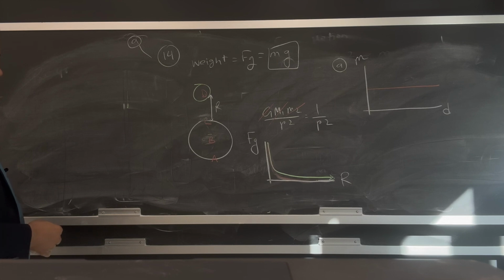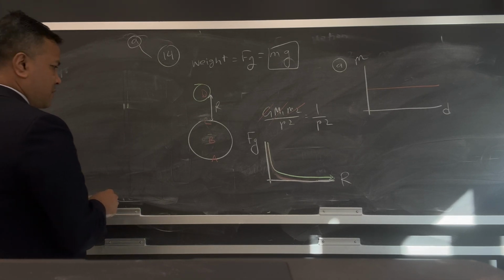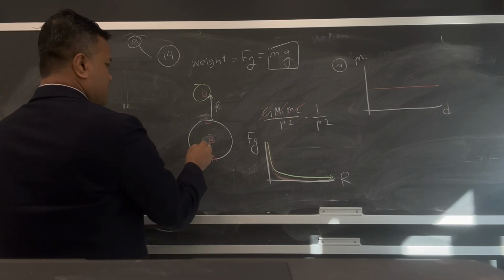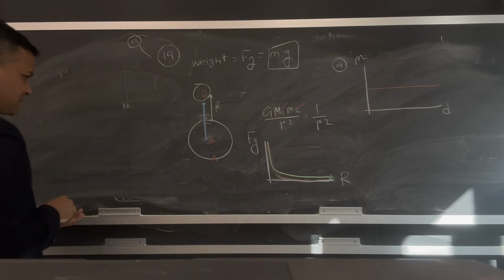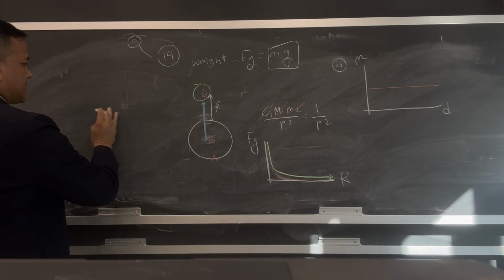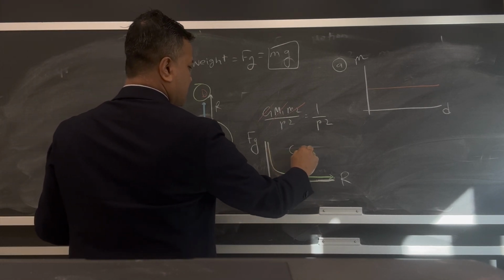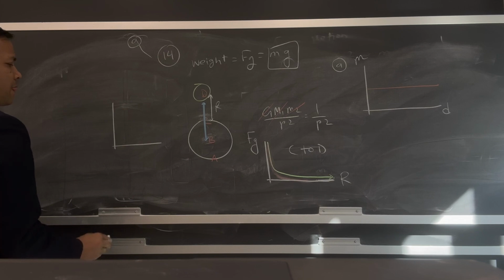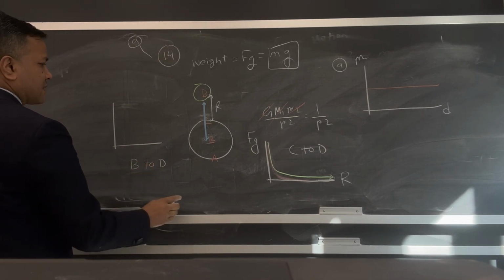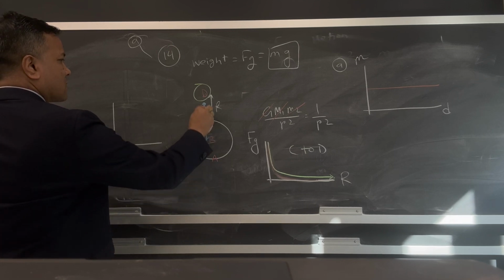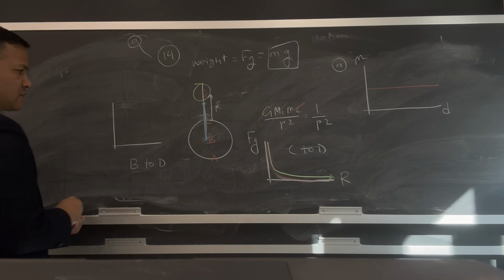Okay, so that's that. However, if you are moving from B to D, for some reason you are at B, then the graph would look a little different. This one is C to D. This one is B to D, from B all the way to D. So let's first draw the radius.